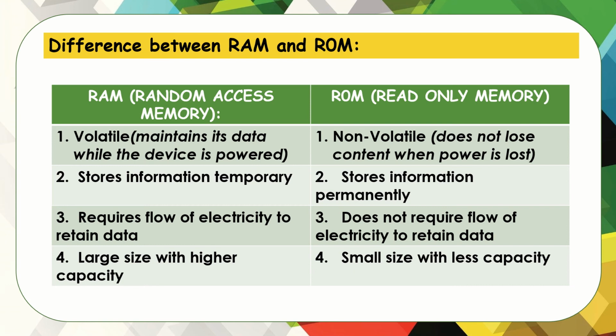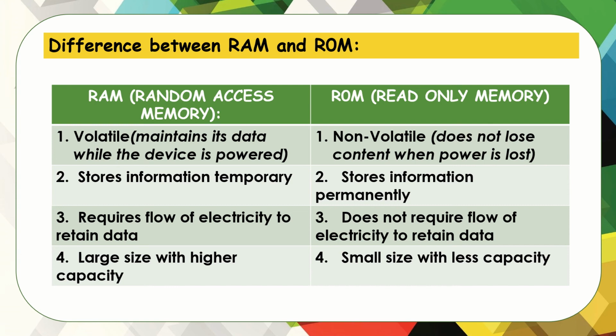The second is that RAM stores information temporarily. But ROM stores the information permanently. Now coming to the third point, RAM requires flow of electricity to retain data. As I discussed in the first point, it works only when electricity is there.